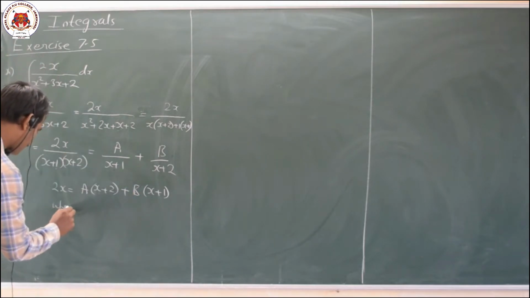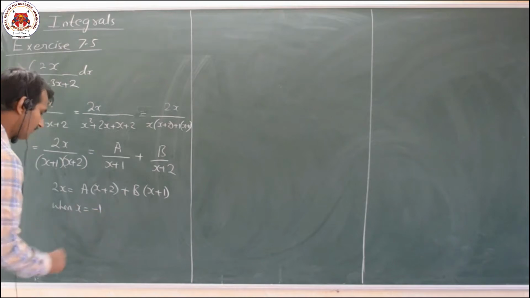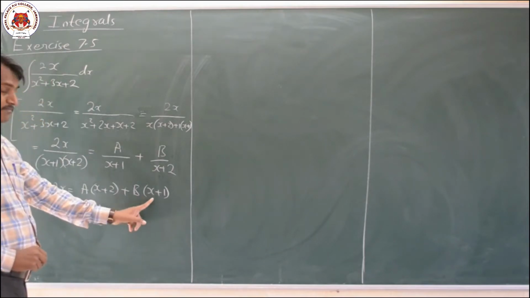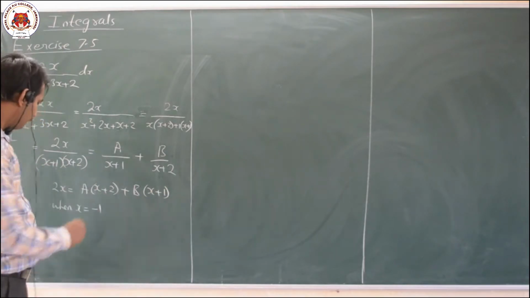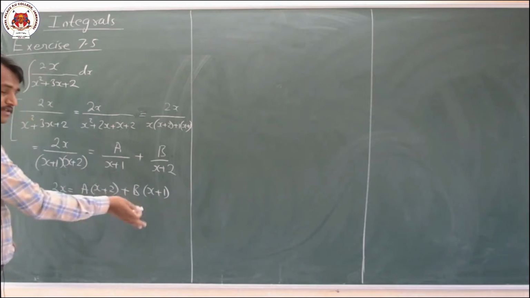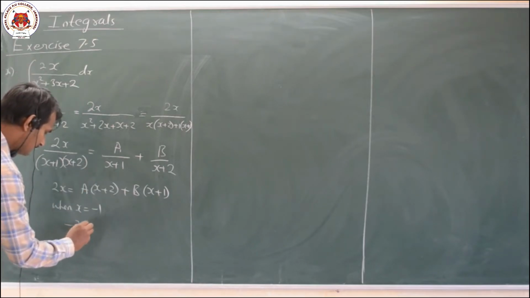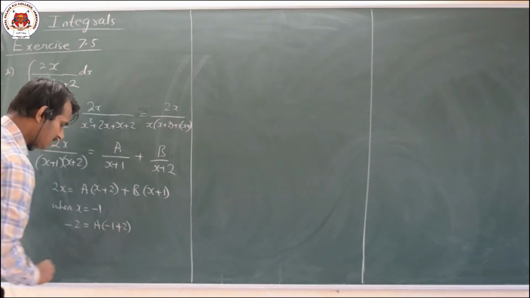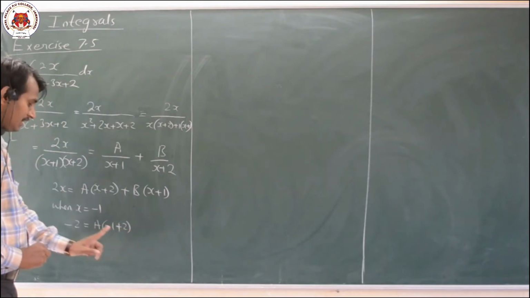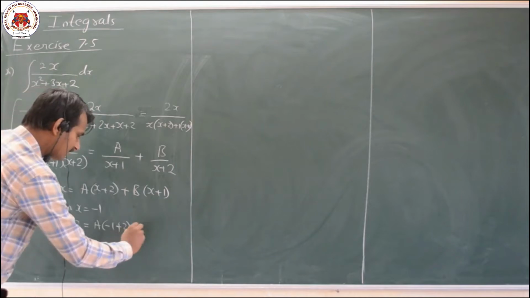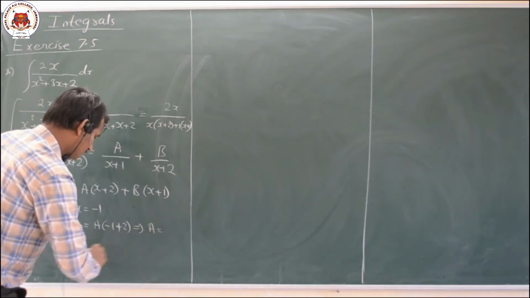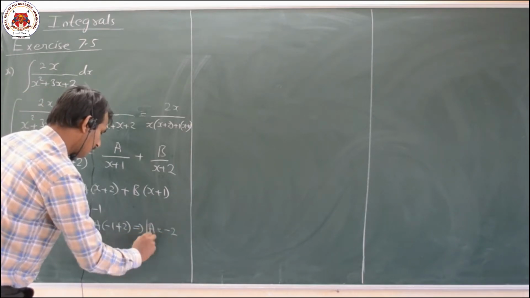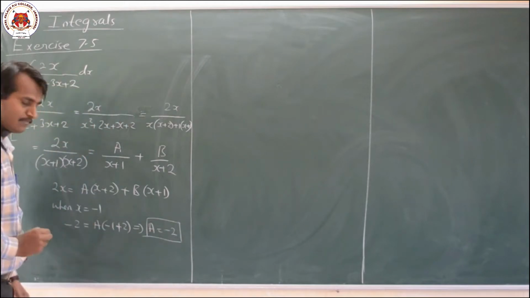When x equals minus 1, minus 1 plus 1 becomes 0. Putting x equal to minus 1 on both sides, minus 2 equals a into minus 1 plus 2. Minus 1 plus 2 is 1, therefore a is equal to minus 2, a very simple value.